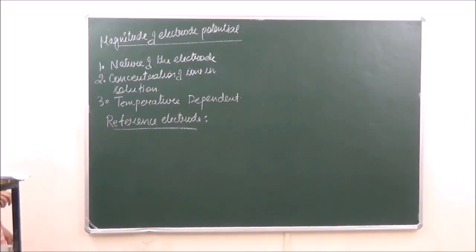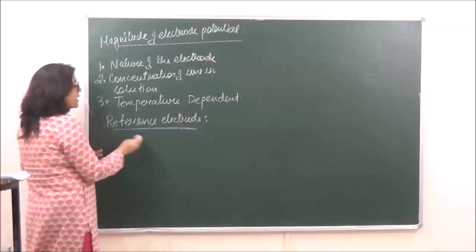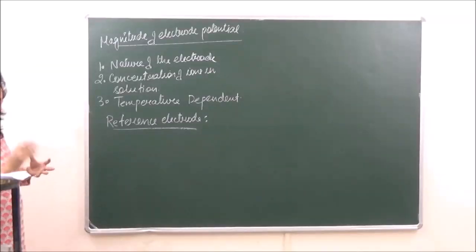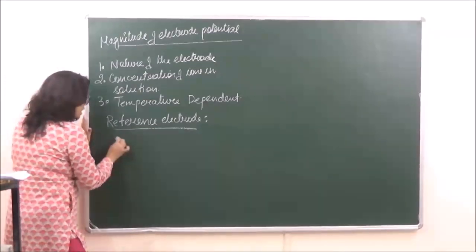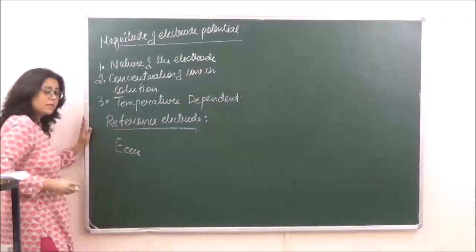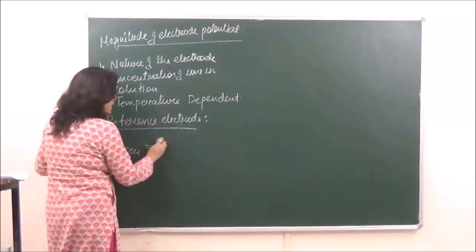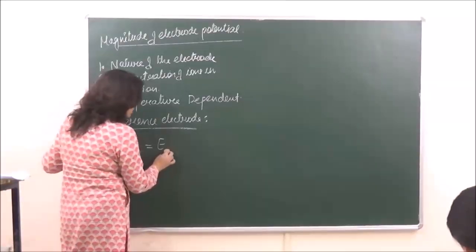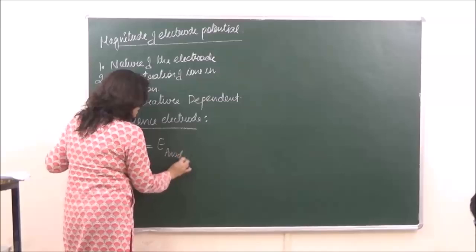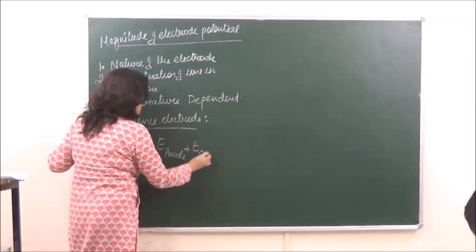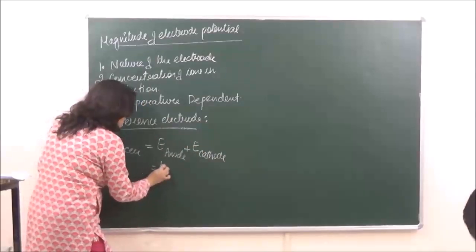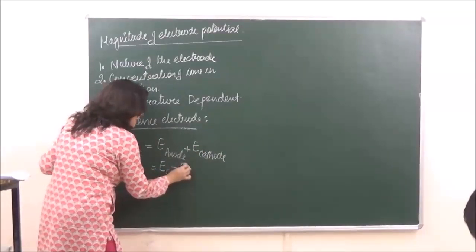Now when we are talking of a reference electrode, how do we calculate the electrode potential of various metals? Then we use this representation: E cell is equal to E anode plus E cathode, or E cathode minus E anode.